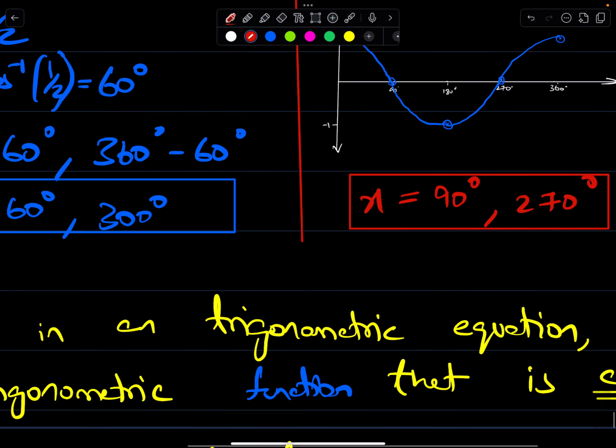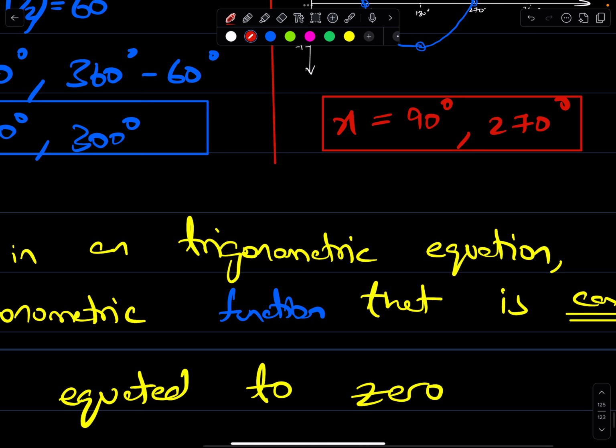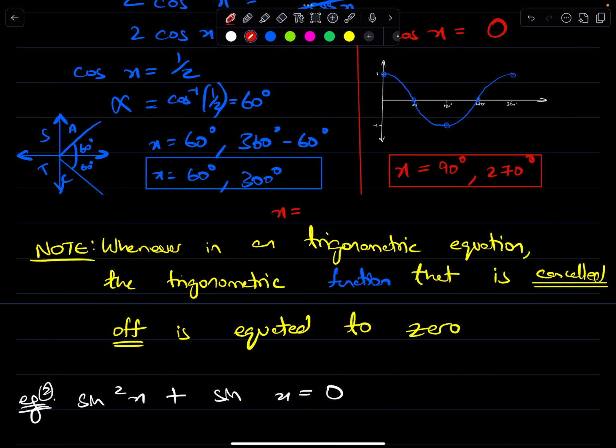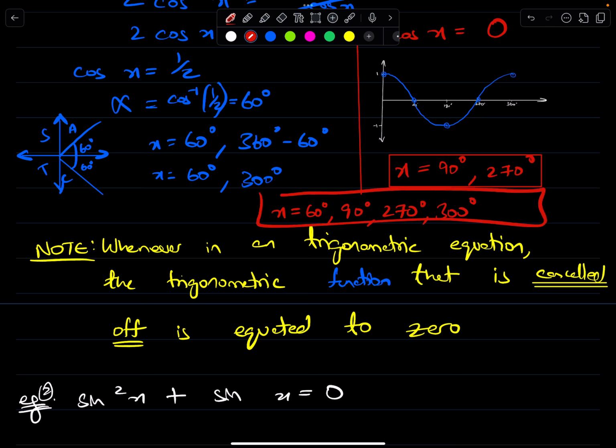So my final answer is x is equal to, in ascending order, 60 degrees, then 90 degrees, 270 degrees, and finally 300 degrees. This is my final answer.